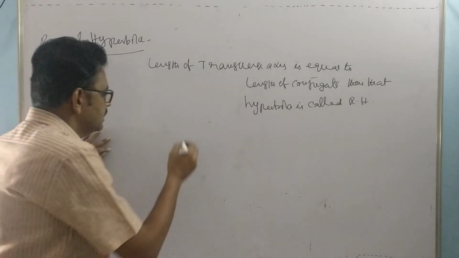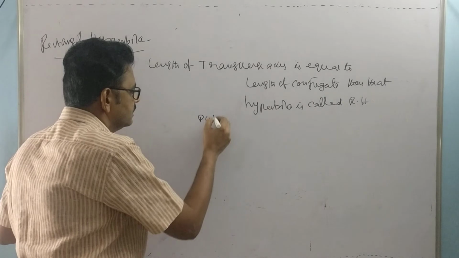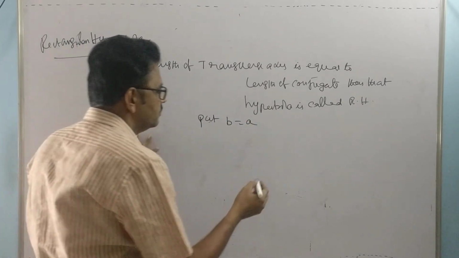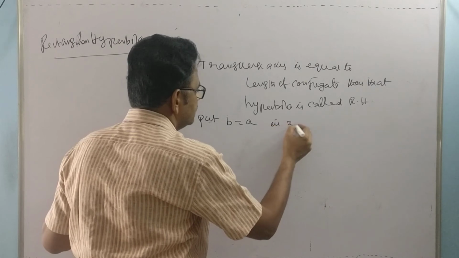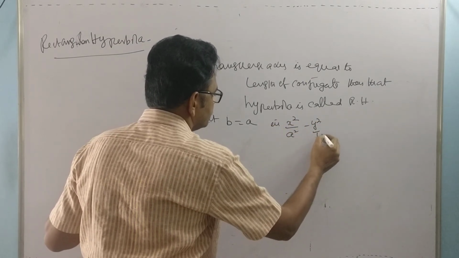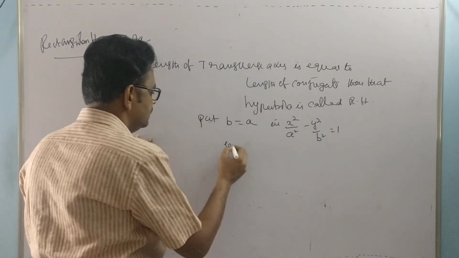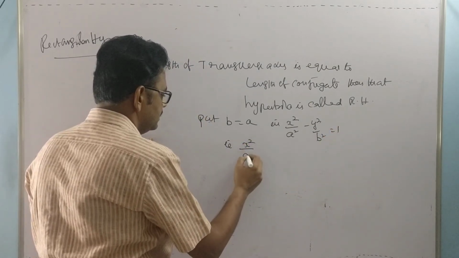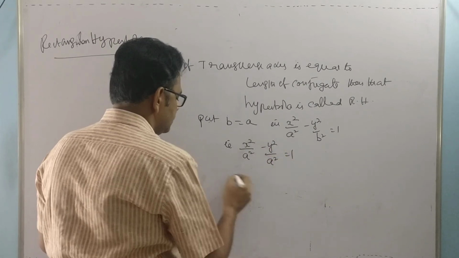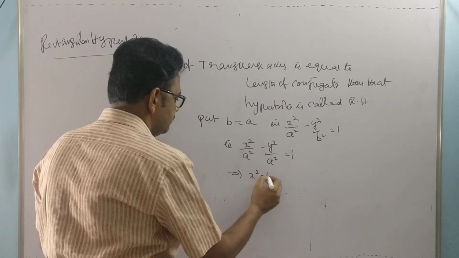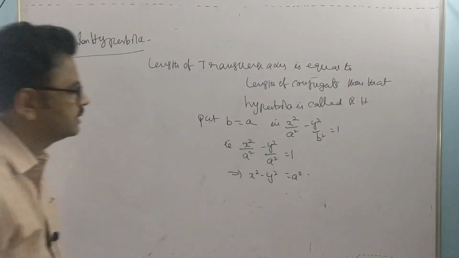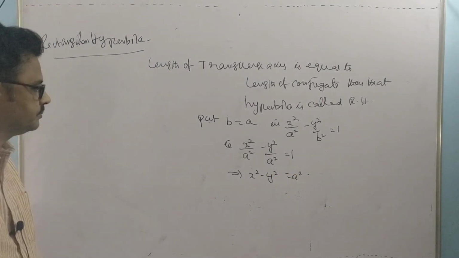That is, put b equal to a in the equation of hyperbola. That is x square by a square minus y square by a square equal to 1. That implies x square minus y square equal to a square. This is called a rectangular hyperbola.